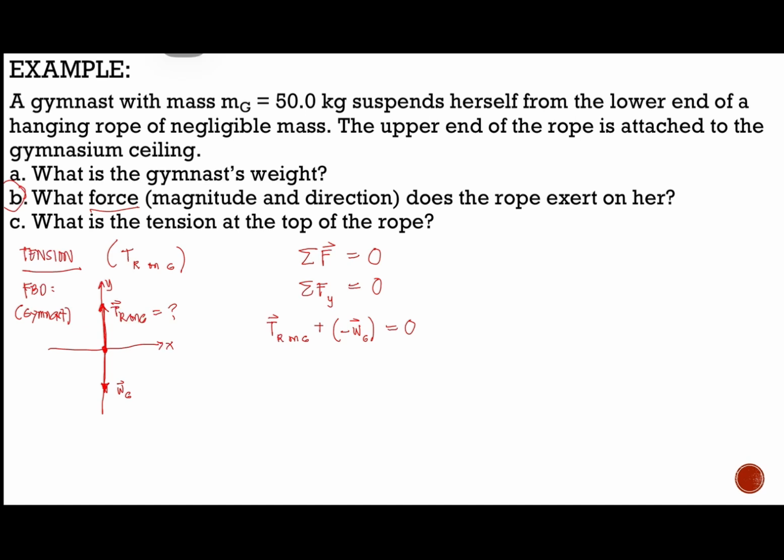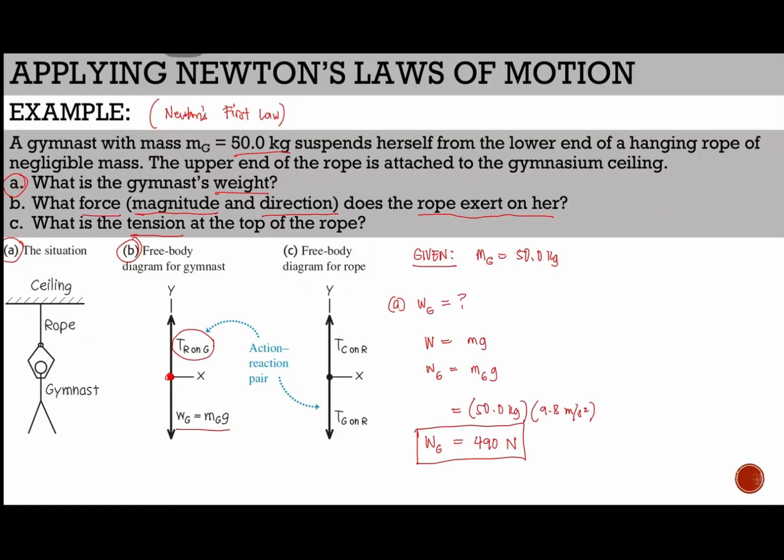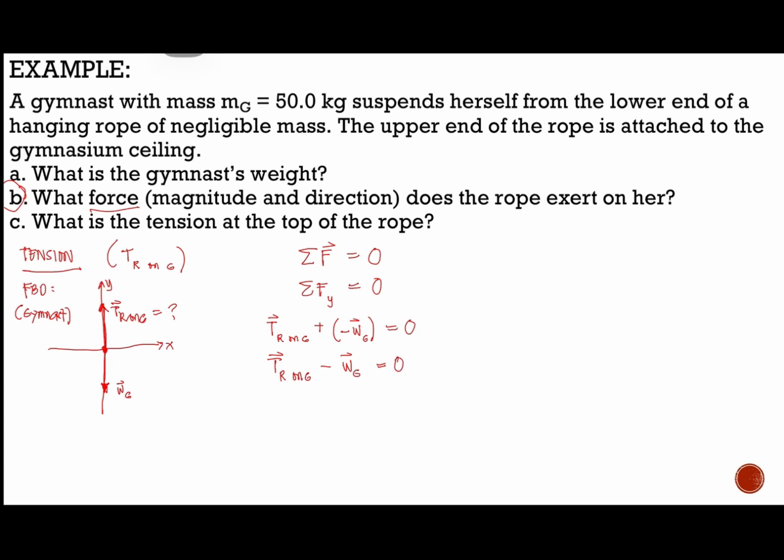On the positive y, we have the tension force that the rope exerts on the gymnast. And on the negative y, we have the weight. Okay. So positive times negative, it becomes negative. So we can rewrite it as the tension force that the rope exerts on the gymnast minus the weight of the gymnast equal to, sorry, 0.